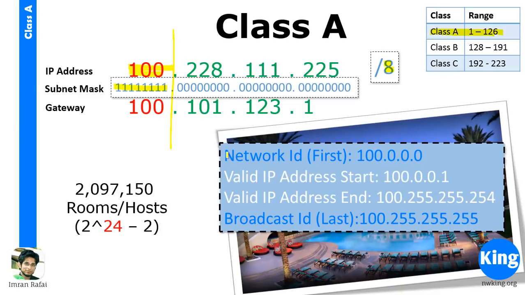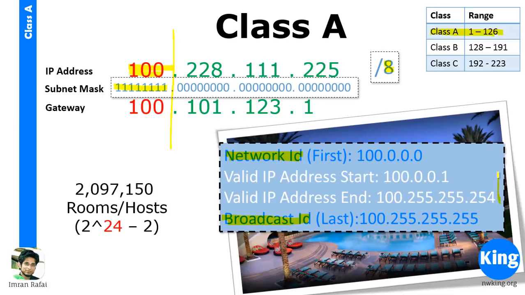Again, the network ID is nothing but making all the host bits in the IP address zeros, so in this case it's 100.0.0.0 as the first IP address of this network, and the broadcast ID is nothing but making all the host bits ones. So 100.255.255.255 is the broadcast ID.